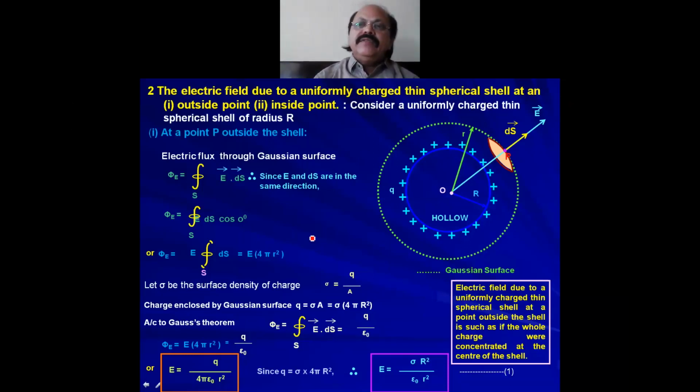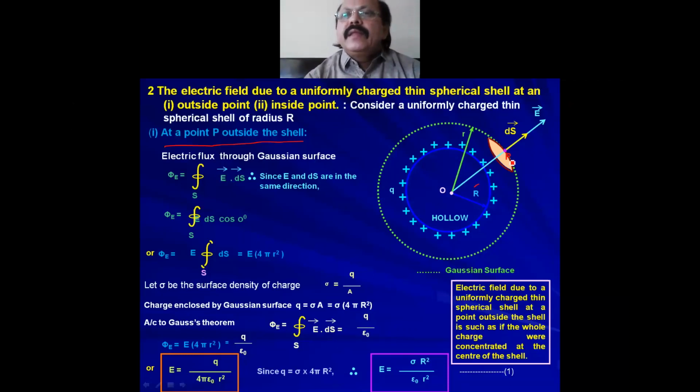Then you apply Gauss's theorem or Gauss's law. Then you will calculate the electric field intensity. So here we take the first part, that is at a point P outside the spherical shell. So here a plus Q charge is uniformly distributed over the surface of a spherical shell of radius capital R. Then we take a point P outside.